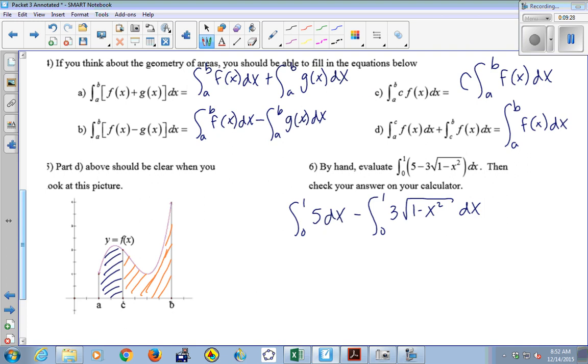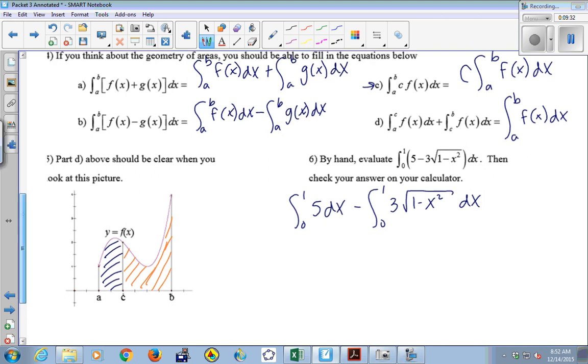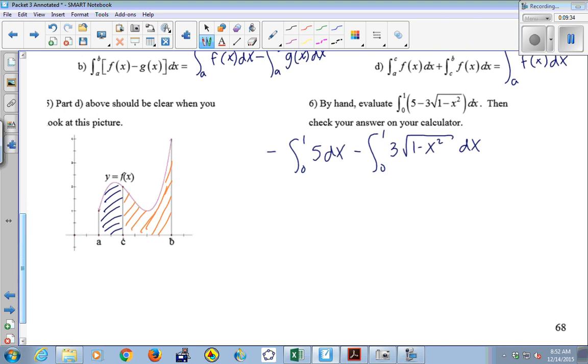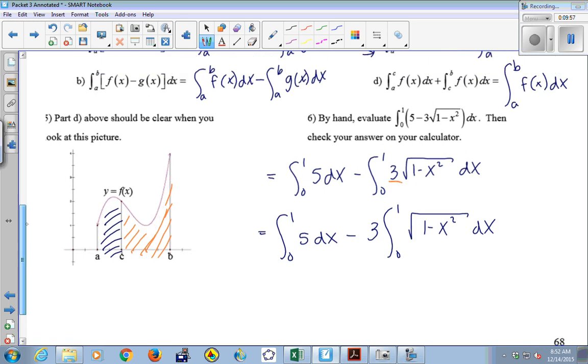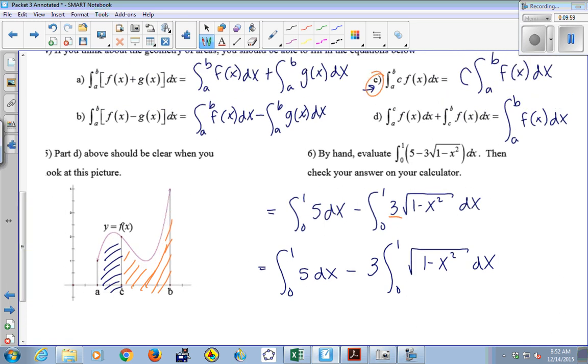So I can use this property where you can take that c and just pull it right out front of the integral. I took this 3, and you can move it right outside of the integral by this property right here.